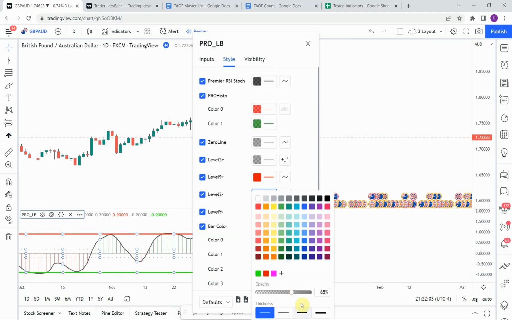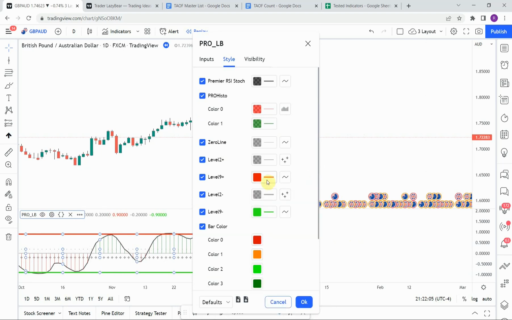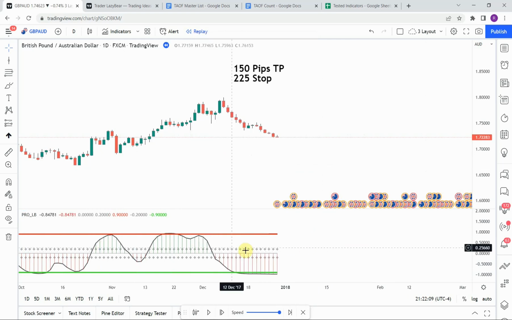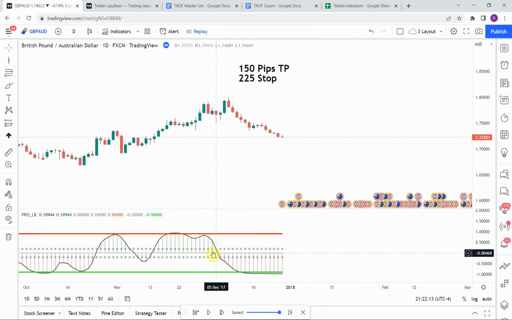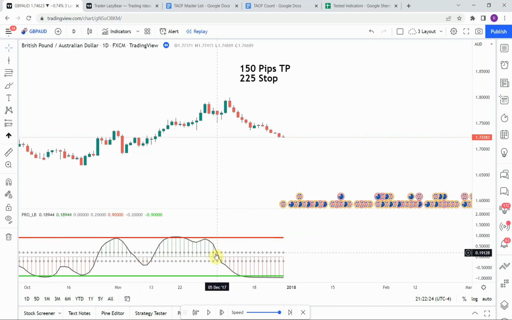So let me see if we can, there we go. There, so you see these crosses here. What we're going to do is wait until it crosses that cross. And a lot of times it's probably going to be a zero line cross at the same time, but that's not specifically what we're looking for. We're looking for it to cross.